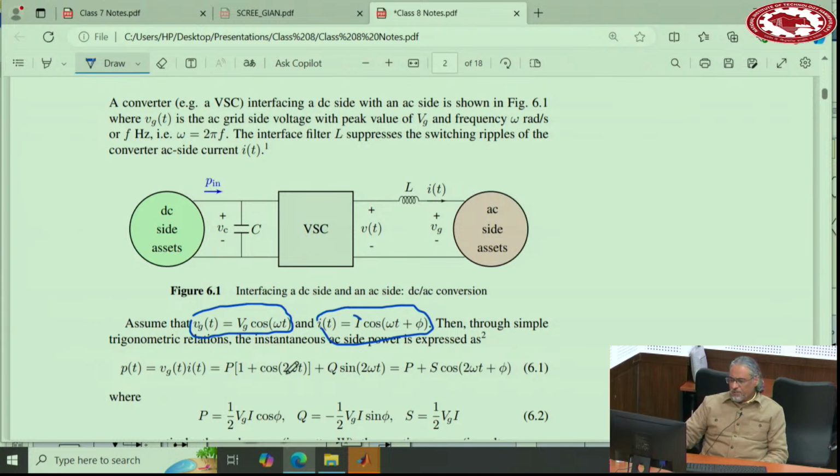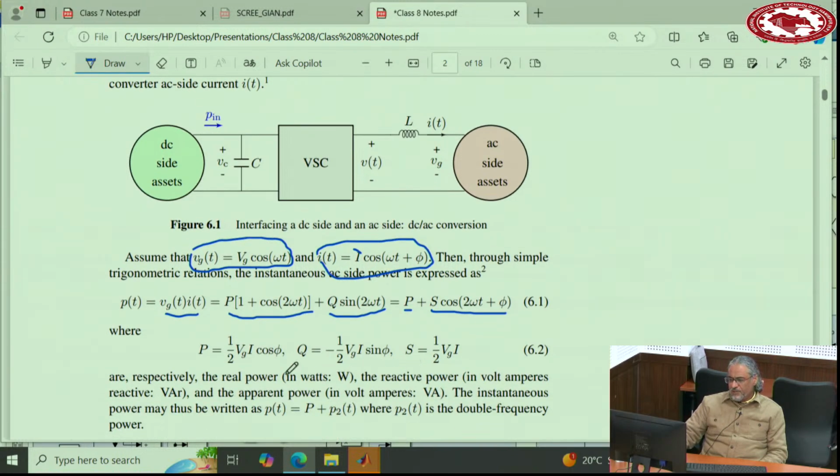So when you multiply these together, that gives you the power. And that power has two components. One component is unidirectional, if you want, or unipolar. And another component which is bidirectional or bipolar. This is one way of presenting it. Or you can say has a DC value plus an AC value at double frequency. Right? So all the oscillations of the power are at double frequency, and it has a DC value.